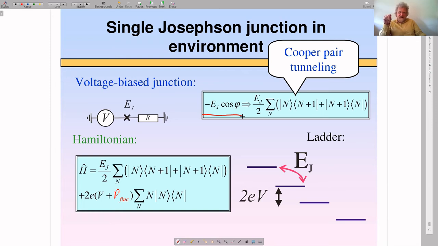And if we present this term in charge representation, the cosine phi will be equivalent to the exponents, which are components of cosine. To remind you, cosine is the sum of two exponents. These exponents will correspond to Cooper pair transfers through the junction, Cooper pair tunneling. All right, we record that.